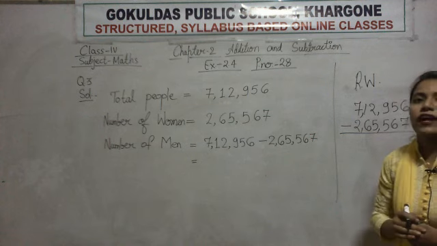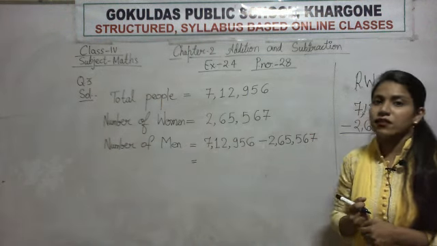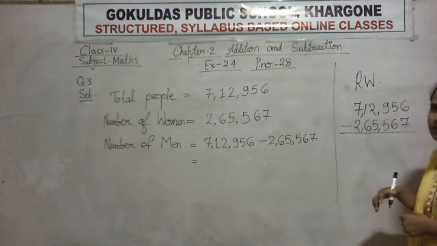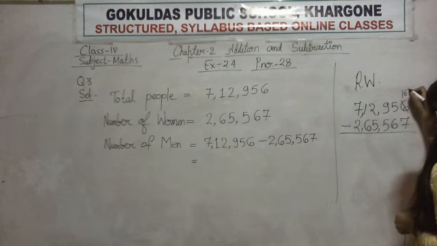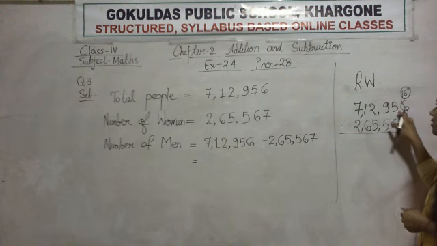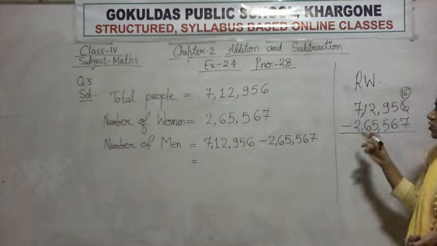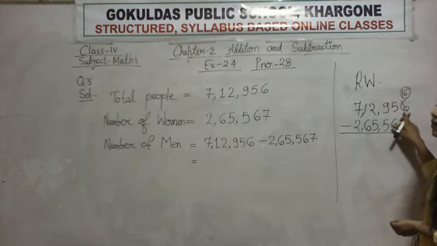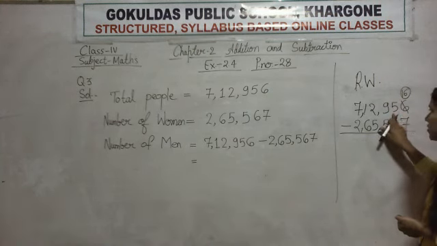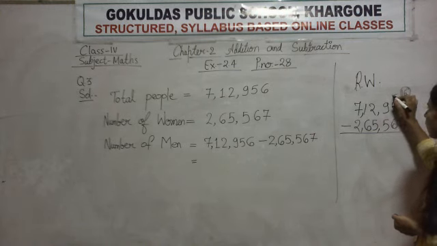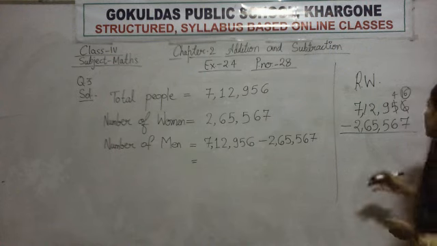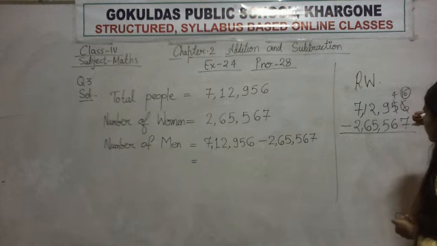6 minus 7. You cannot subtract 7 from 6 because 6 is smaller than 7. Now you will take a borrow. When you take a borrow, it becomes 16 as you are borrowing from the tens place. As you see, the 5 has given the borrow, so here only 4 is left. Now start solving from the ones place.